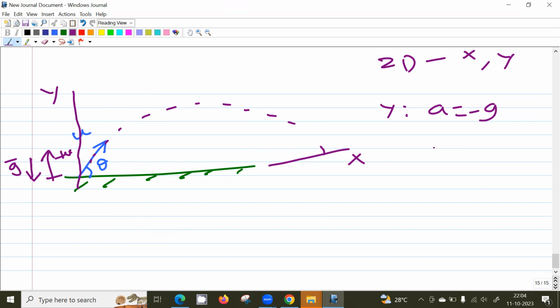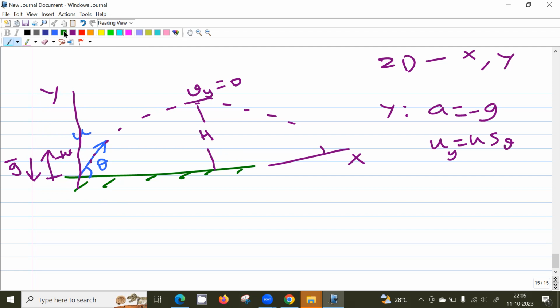And the initial velocity in the y direction is u sine theta. So I can get the maximum height, this vertical distance, by using the fact that the vertical component of the velocity at this topmost point is 0. This velocity has two components.